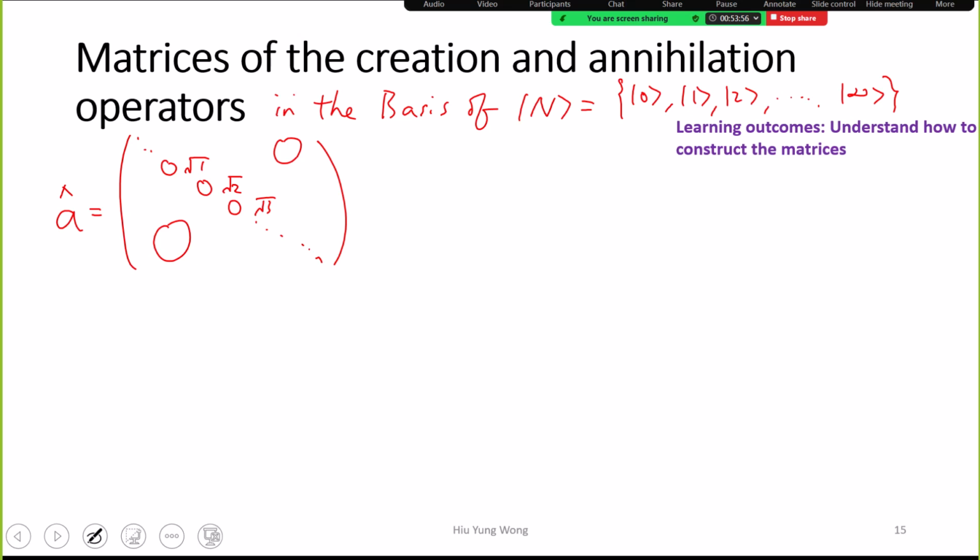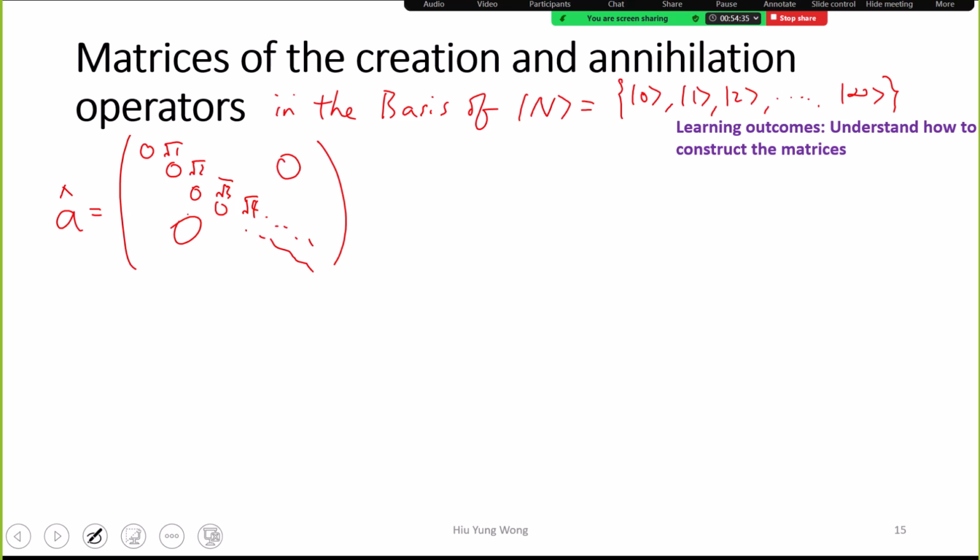Let me redo it, I said something wrong. Because we start from 0, it's infinite in one direction, but not the other direction. So I have 0, 0, 0, 0, and then just keep going. Then the elements just above the diagonal are square root 1, square root 2, square root 3, square root 4, and you just keep going. And then the rest is 0.